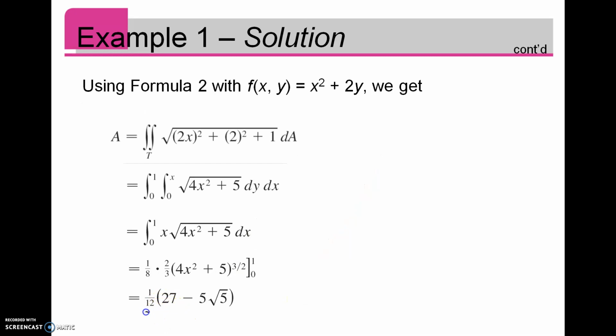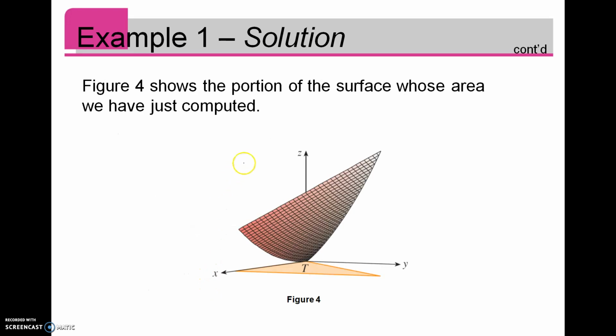So here's your solution for that. And you'll see, if you were able to graph this, this is the portion here. This surface here is the surface that we actually calculated the area of. So it's pretty neat. We can do that.